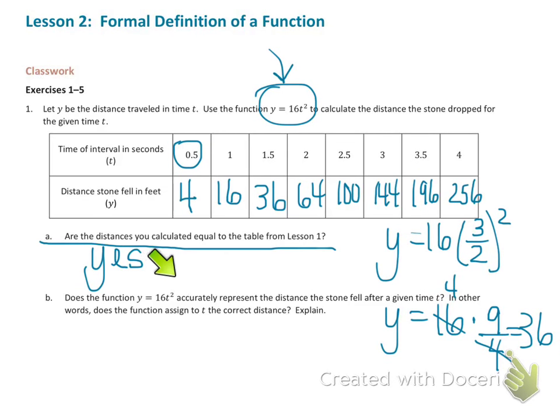In other words, does the function assign to t the correct distance? So we've already said, yeah, it does. It assigns the right values, 100 to 2.5, 144 to 3, and so on. It assigns the correct values, so it accurately represents the distance the stone fell.